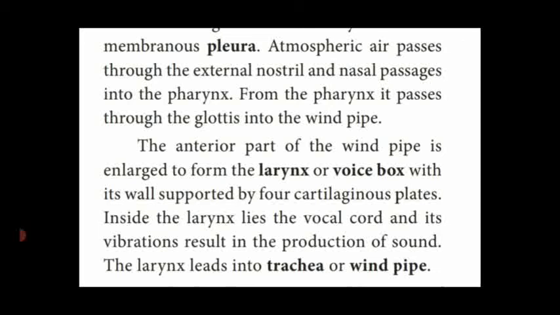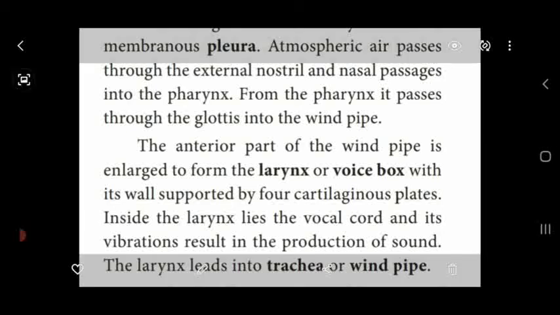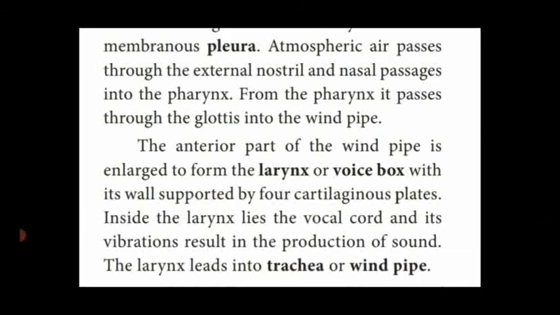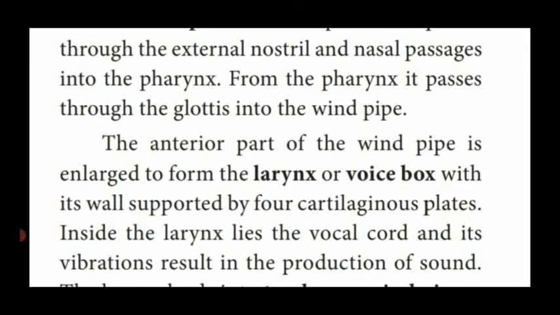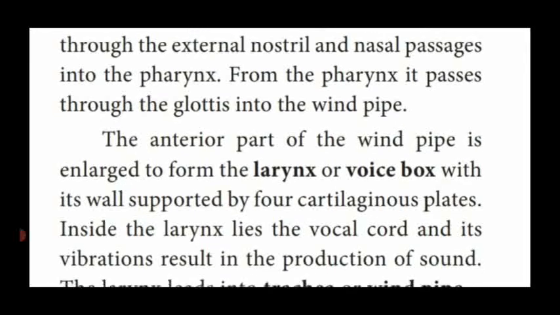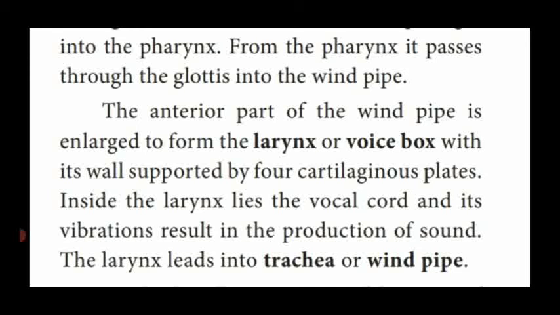So the anterior part, that means the topmost part of the windpipe, forms the voice box, that is the larynx, made up of 4 cartilaginous plates. Inside the voice box is the vocal cord.